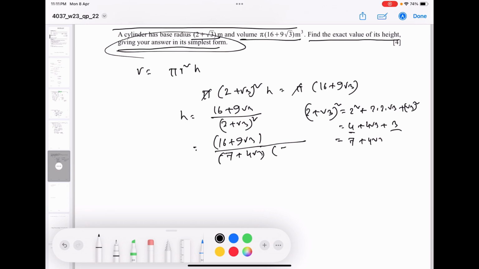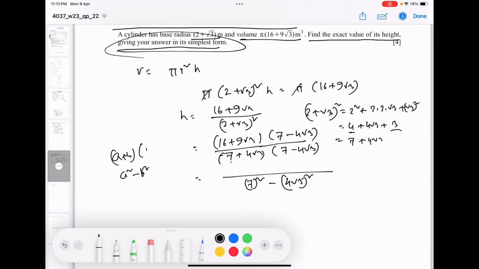So let me write here 7 minus 4 root 3, the same in the denominator. Now let us use the formula (a plus b) times (a minus b) is a squared minus b squared, with b being 4 root 3 whole squared.